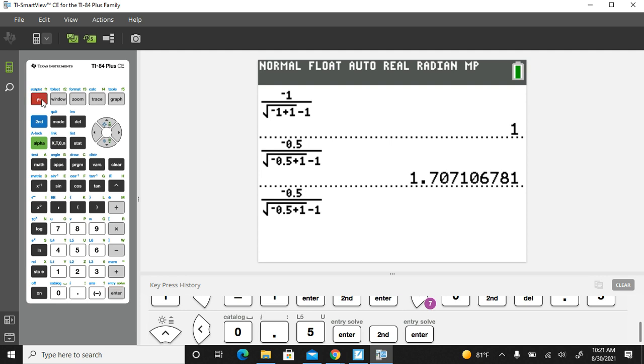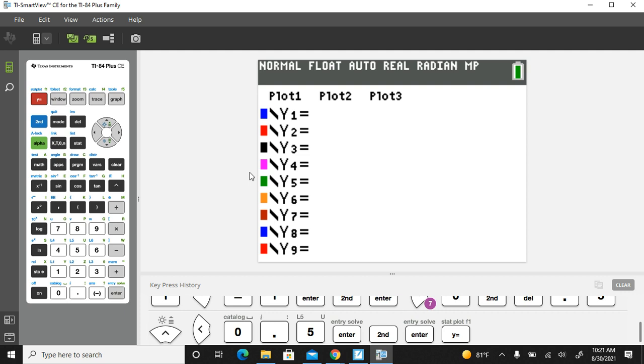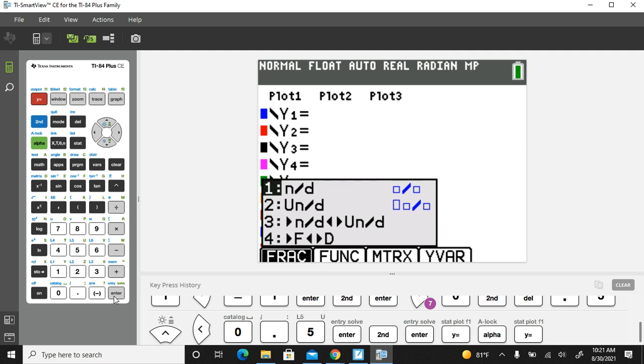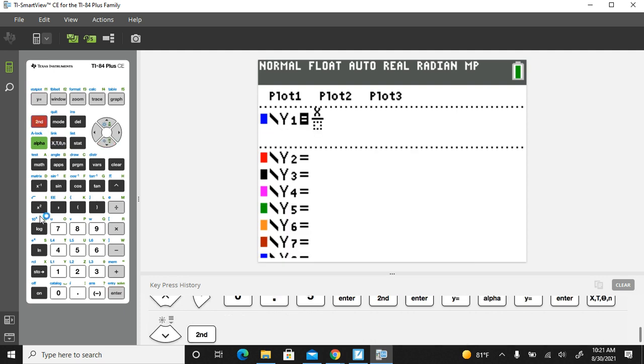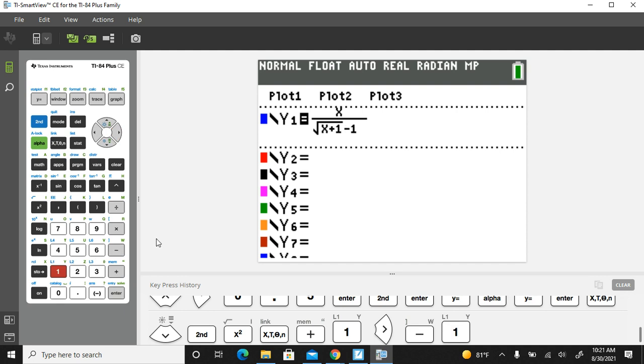So what I recommend is you go to y equals, we plug in our f of x, so we're going to have x over the square root of x plus 1, and then outside of that, square root minus 1.